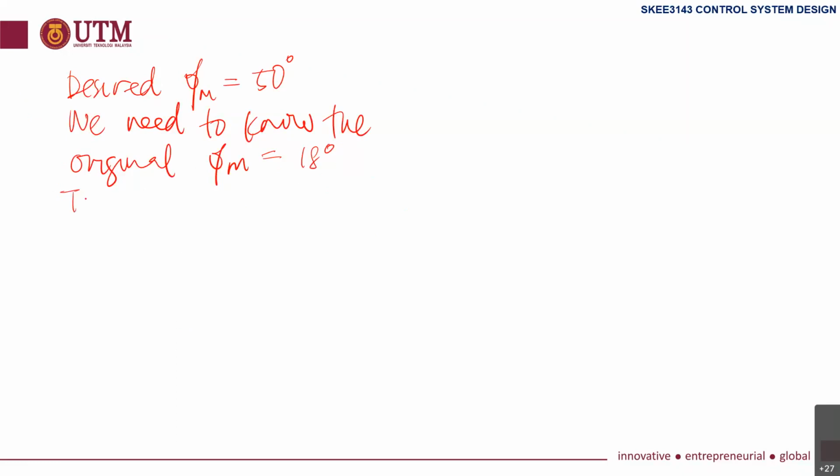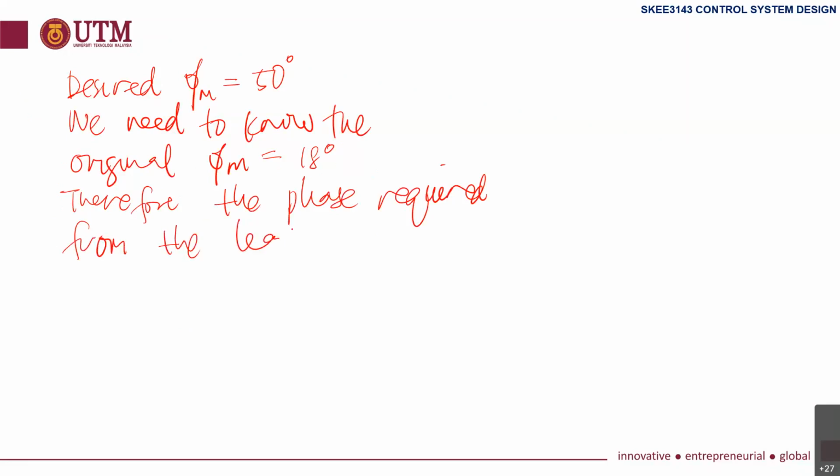Therefore, the phase required from the lead compensator is equal to, we want 50 degrees. Originally it is 18 degrees, but we have to add 10 degrees as a correction factor.